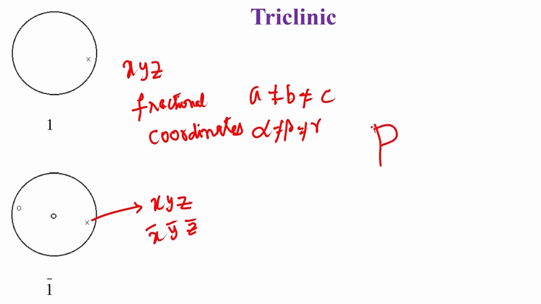So, we have a capital P. In fact, conventionally it is written in italics, P. This is the International Union of Crystallography representation, and italic capital P represents a primitive lattice.